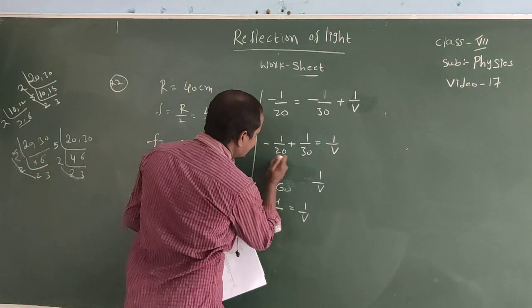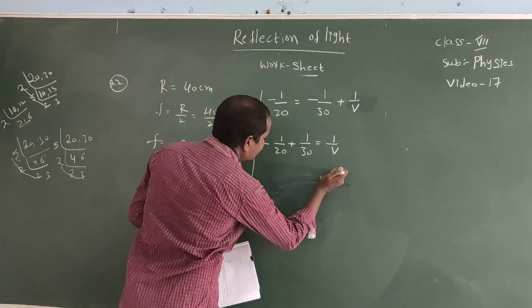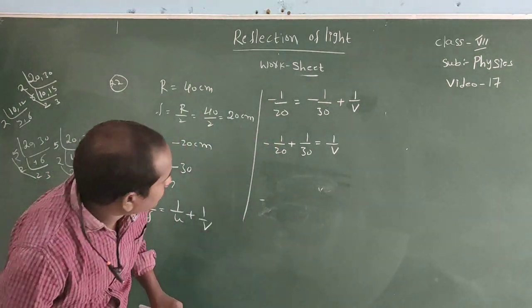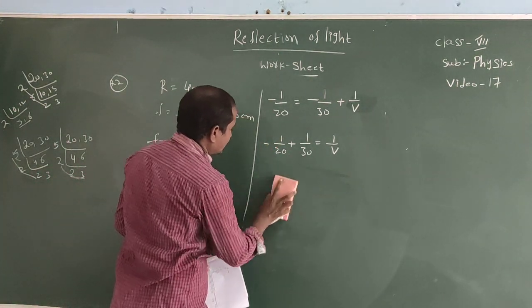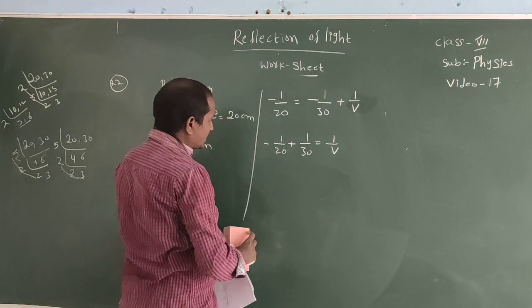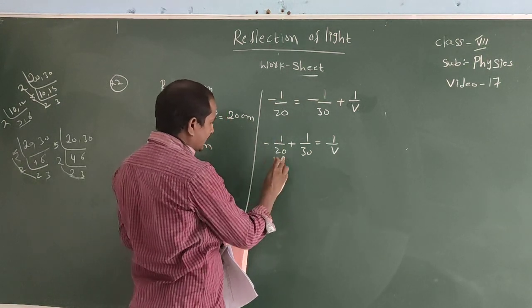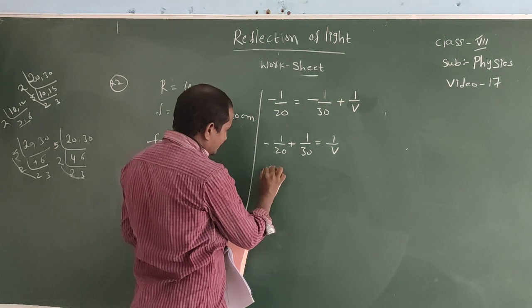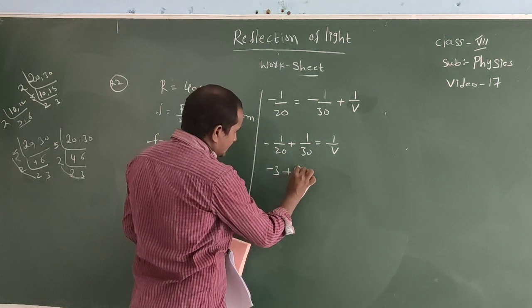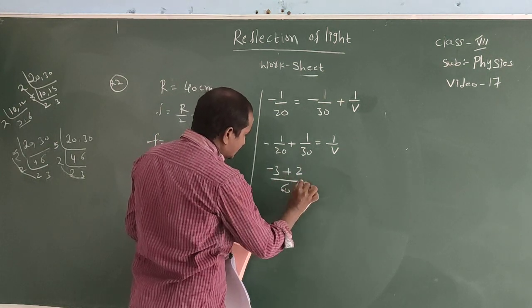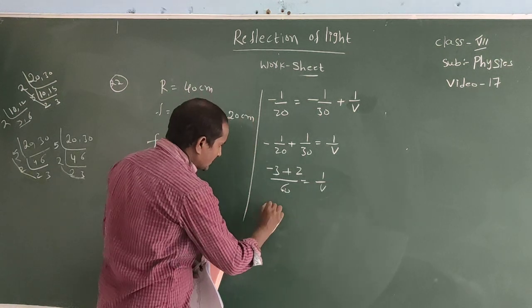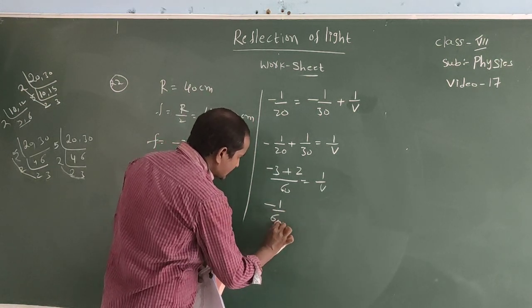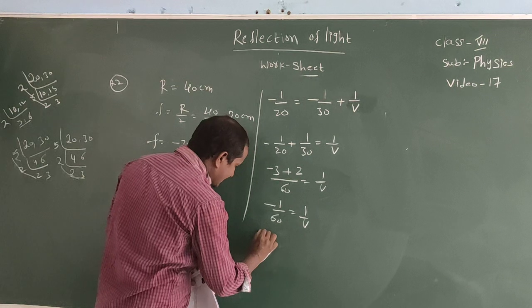Sorry, 60 is the LCM. 60 is the LCM between 20 and 30. Here how many times? Here 3 times minus 3, here 2 times by 60 equal to 1 by v, minus 1 by 60 equal to 1 by v.